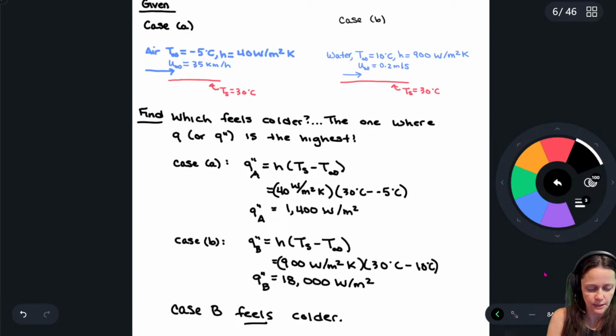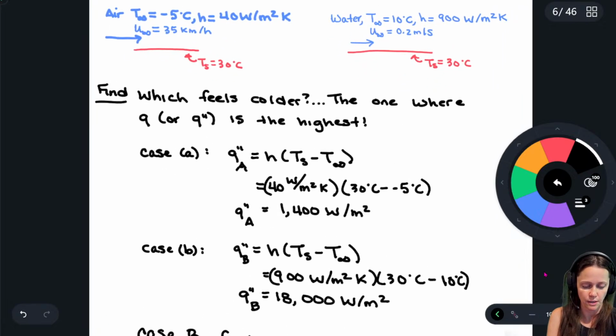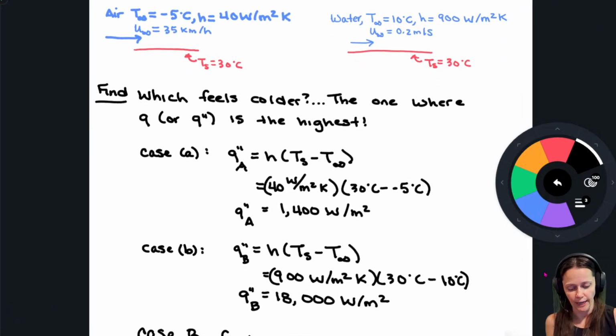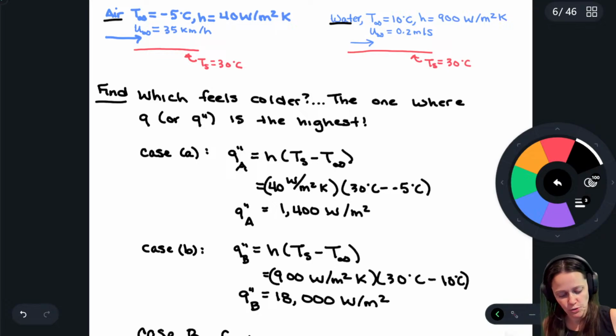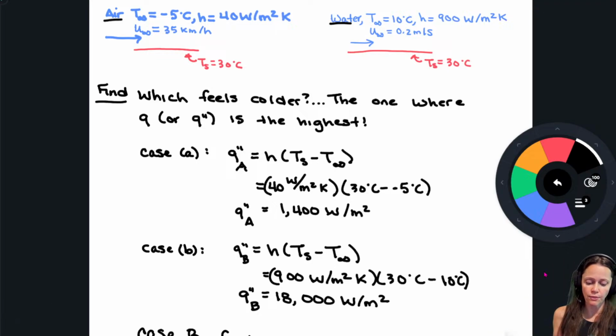And so let's look at those numbers up at the top for each case, for air versus water. Even though a bigger delta T is going to increase your heat transfer rate and your heat flux, that makes intuitive sense, right?